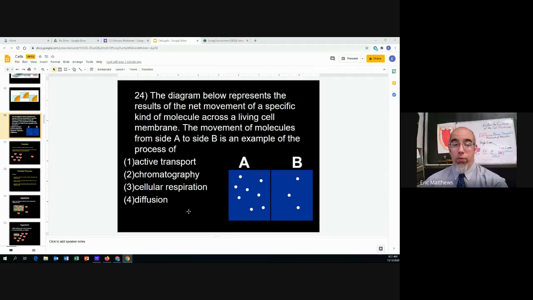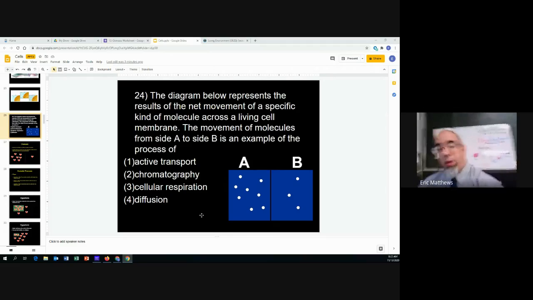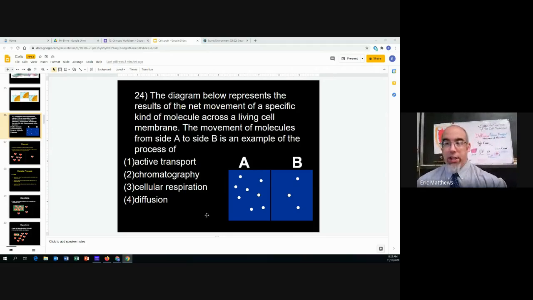Now, hopefully, you remember our basic rule for diffusion. Diffusion is going to be a form of passive transport that moves things from a high concentration to a low concentration. So, with that said, let's take a look at this question. A has 1, 2, 3, 4, 5, 6, 7, 8.